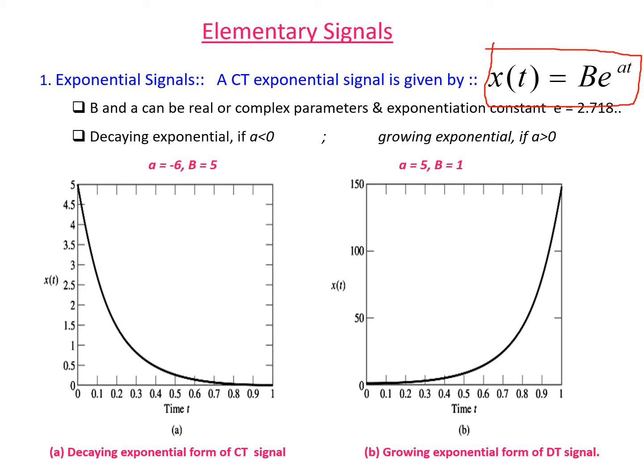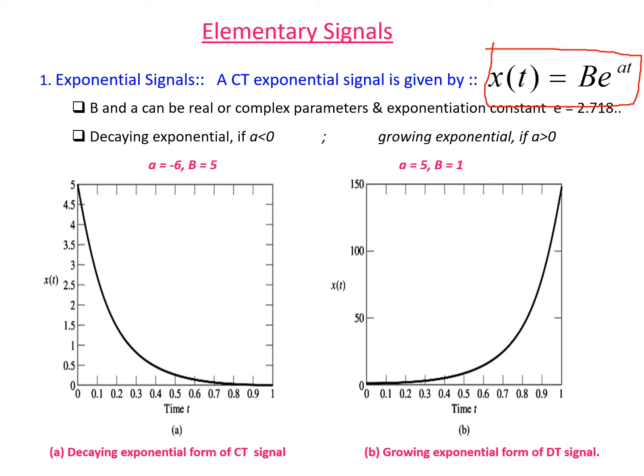At t equal to 0, what is the value of x? If you put t equal to 0 in this equation, it becomes b into e to the power of minus 6 into 0. That is e to the power of 0, which is 1. Now the signal value is b, that is 5. That is, at t equal to 0, the signal value is b, equal to 5.